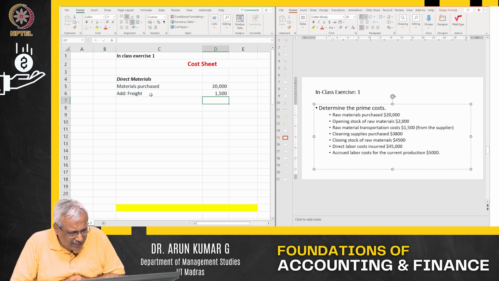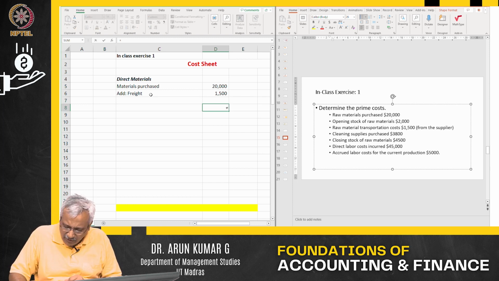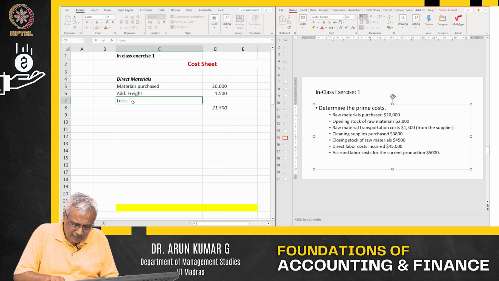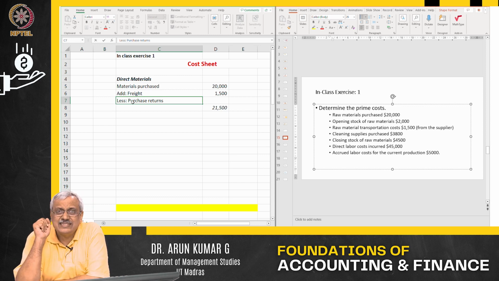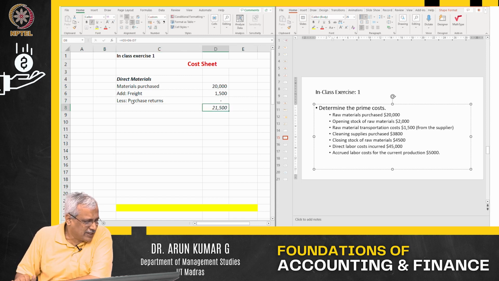Now, what is the total cost of material? The total cost of material purchased is normally the material purchased plus the freight that you pay minus the returns, if there are any purchase returns. That is, you purchase it, you see it does not meet the quality, you return it back, minus any purchase returns. In this case, purchase returns is 0.